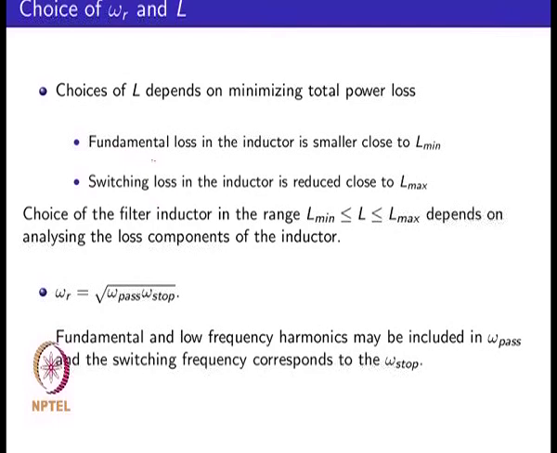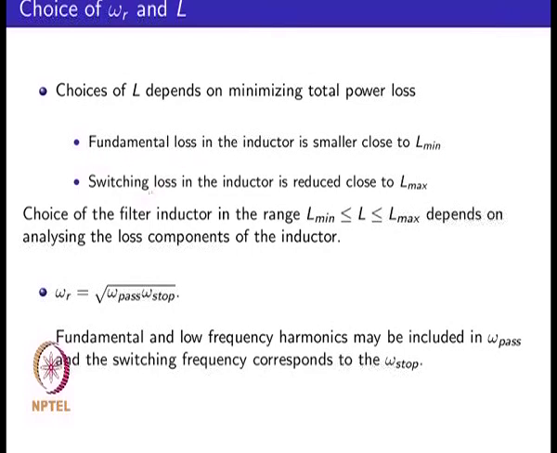And if you look at the trend of power loss at the fundamental frequency, it would actually increase if you have a larger value of inductance, because you need more turns, more length of the winding, maybe a larger core. So you would end up with fundamental loss which tends to increase, and so it is desirable to operate closer to L min from the fundamental loss perspective.